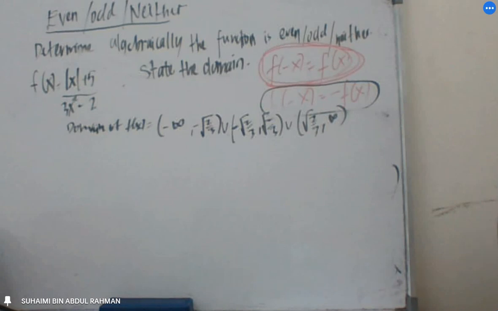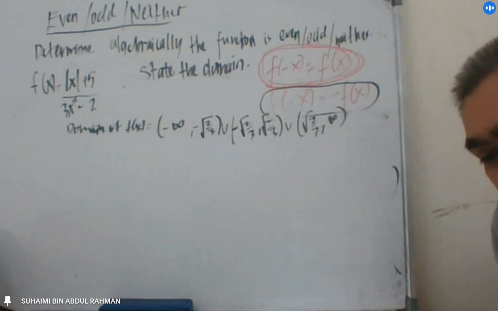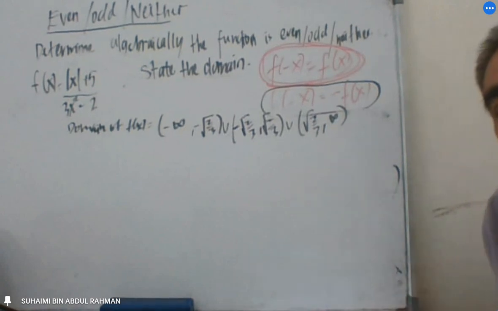If unclear, if you understand, ask. Sir, how do we know that we have to put square root 2 over 3 into x?